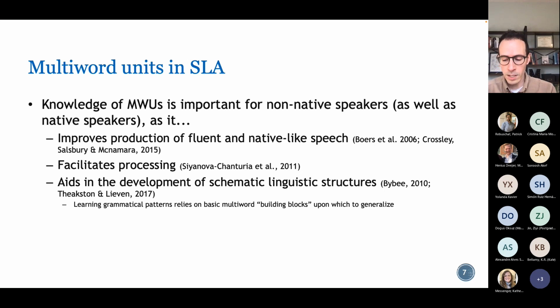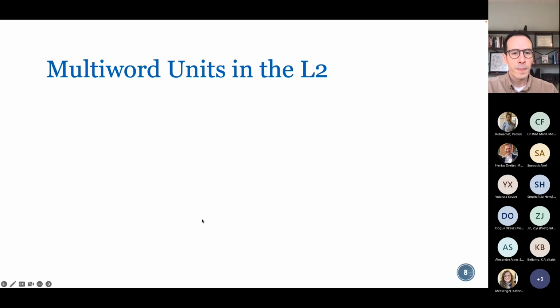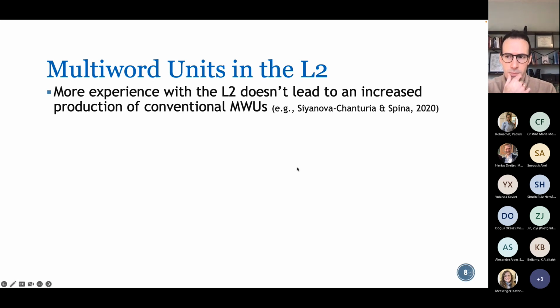And at least in some usage-based approaches, this is proposed to allow for the development of grammatical knowledge. The idea is that you first need to acquire the basic multi-word building blocks upon which to generalize your linguistic experience.